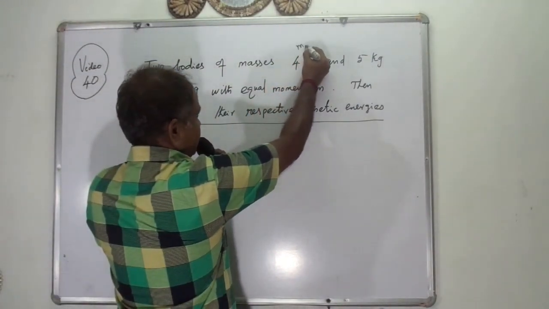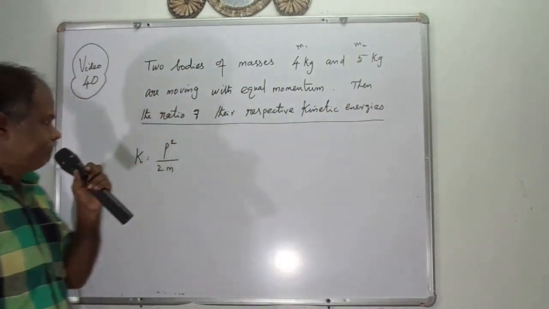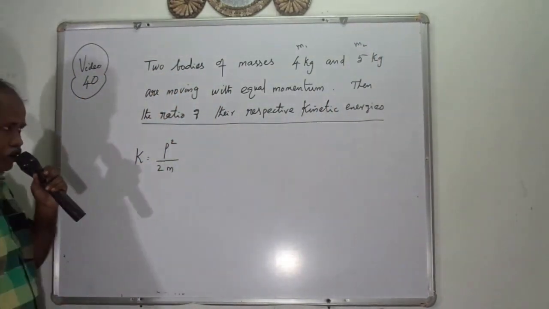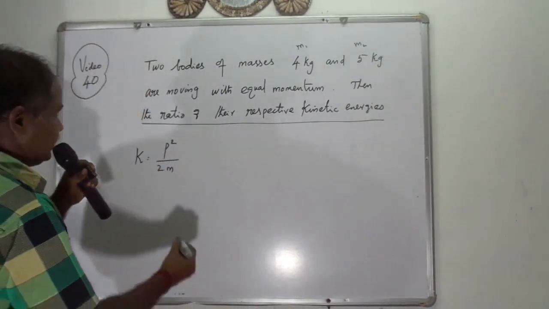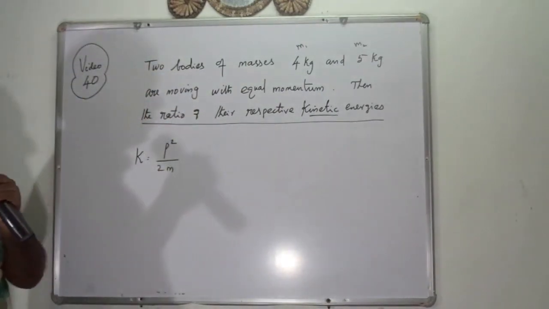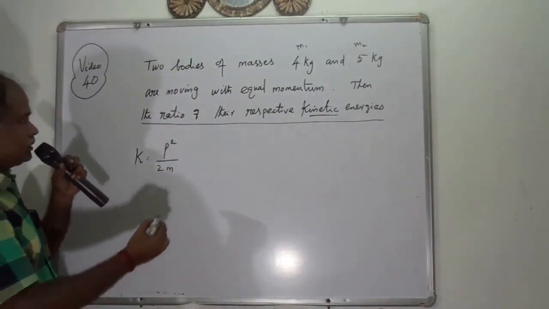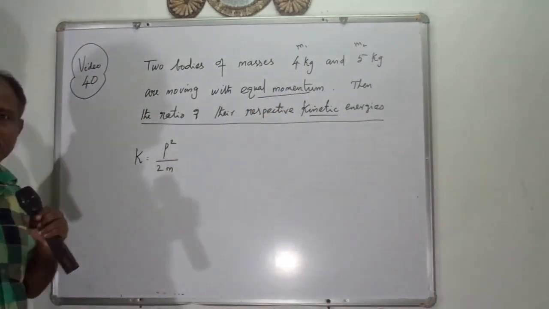Let it be m1 and this is m2. K is the kinetic energy. What they asked is to find the value of kinetic energy. But the only thing is that the momentums are equal.